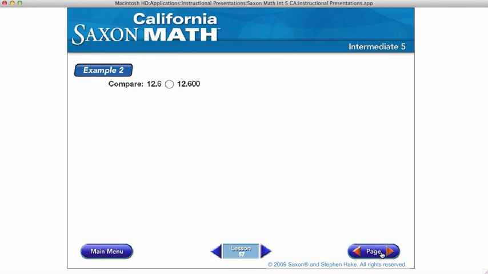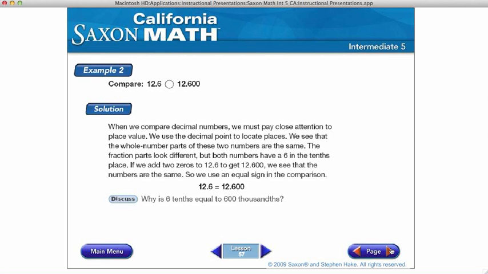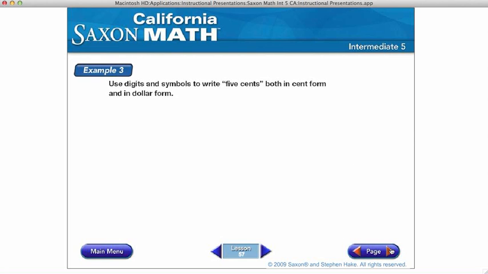Good. Example 3. Okay, use digits and symbols to write 5 cents in both cent form and in dollar form. Okay, well, first we have 5 cents. Okay, this is cent form. The cent sign goes after the number, and this means I have 5 cents, 5 pennies or 1 nickel.